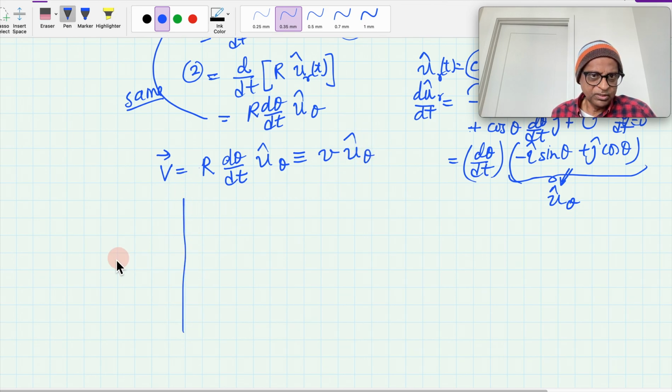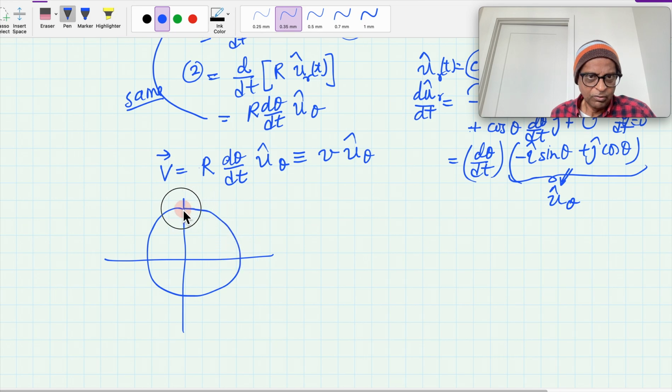Let's draw this out in our circle. So I'm over here at time t, and I'm going this way. So this is the u hat theta direction. That's the tangential direction. That's the direction in which velocity is pointed.